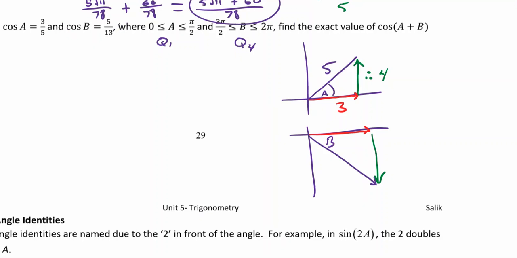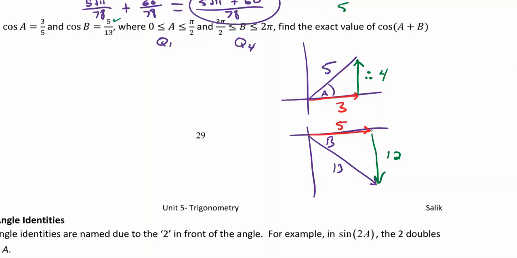So this would be 5, which would be this part, and 13 is our hypotenuse. I'm looking for my y value there. Again, if you do Pythagorean theorem, I'm skipping that just for time's sake, you end up getting 12.